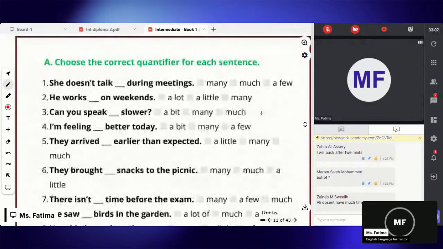Before we do it, I'm going to give you a minute to read it, and then we can do them together. Alright?